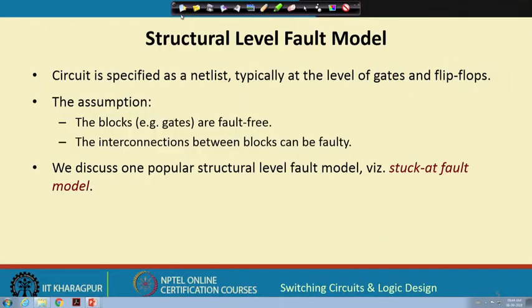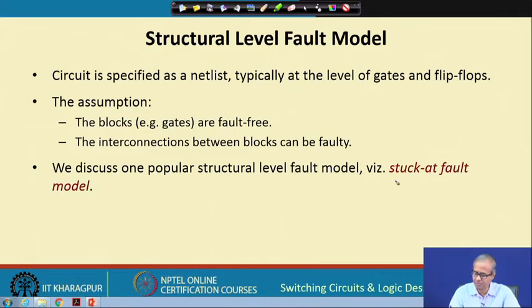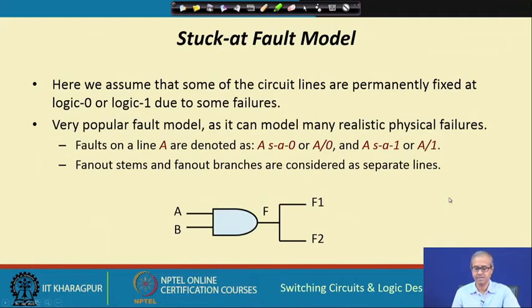Now, we shall be discussing one very popular structural level fault model, which is called the stuck-at fault model, which is widely used in the industry also. Let us see what the stuck-at fault model is.